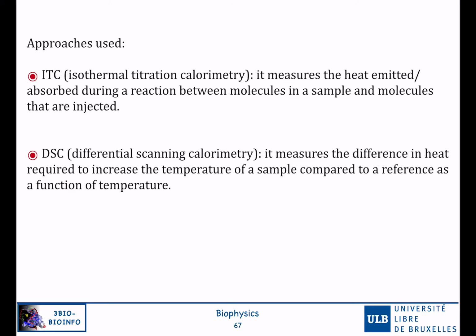But I will explain that in a few minutes. The second method is DSC, for differential scanning calorimetry. And in this case, it measures the difference in heat required to increase the temperature of a sample compared to a reference as a function of temperature.